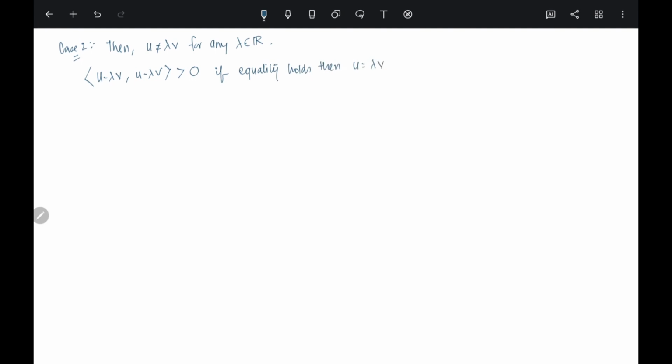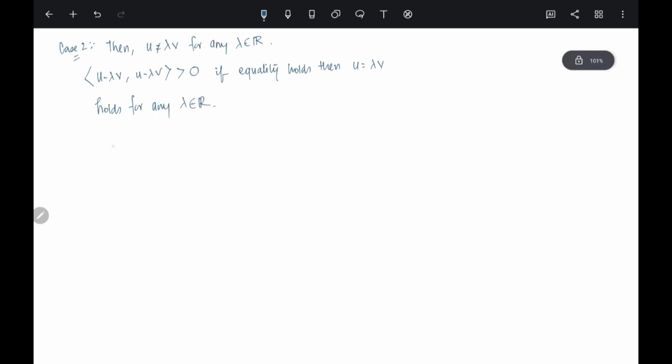So I can say that the inner product of U minus lambda V with itself is always positive, and this holds for any lambda in R. Of course, I am assuming U and V are not 0, so that's there.